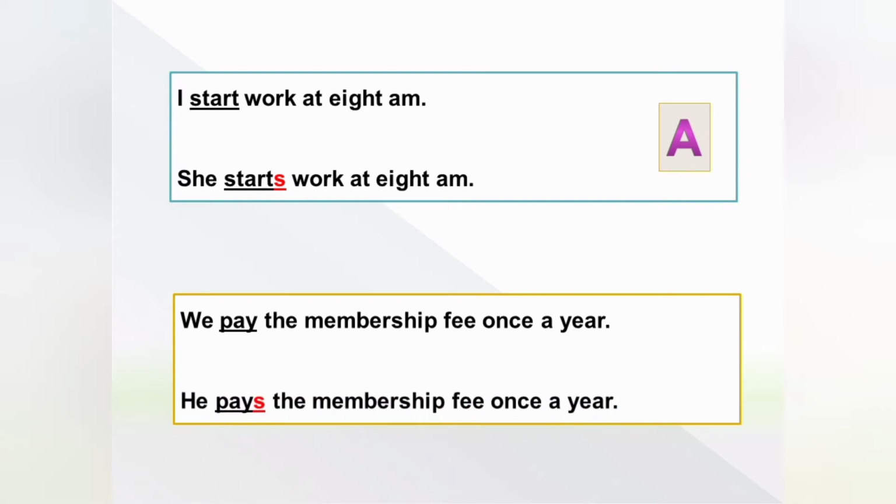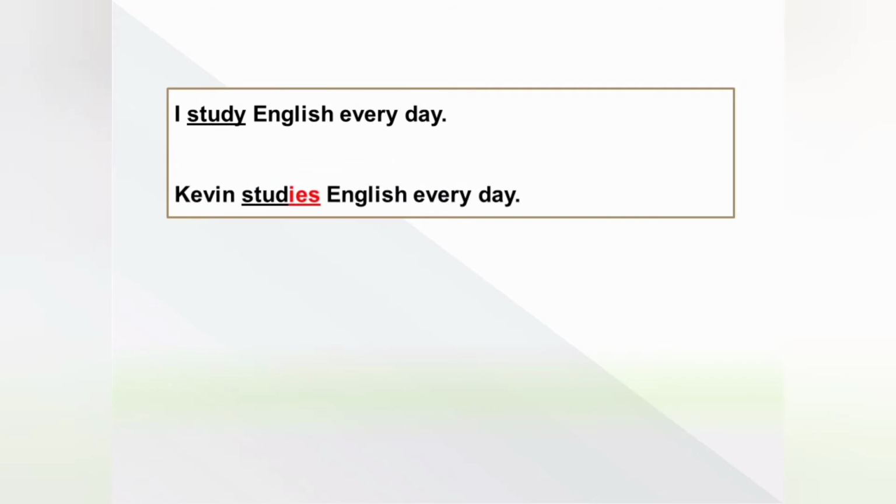He pays the membership fee once a year. At last, pair C. I study English every day. Kevin studies English every day. Did you see how the verb changes in each pair of these sentences?